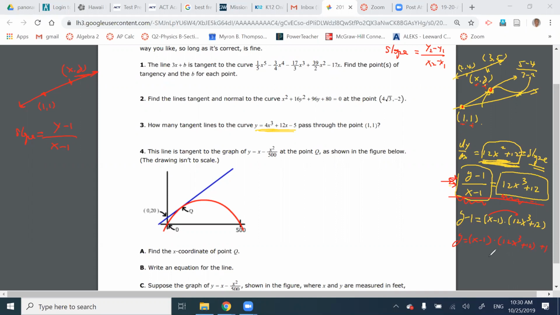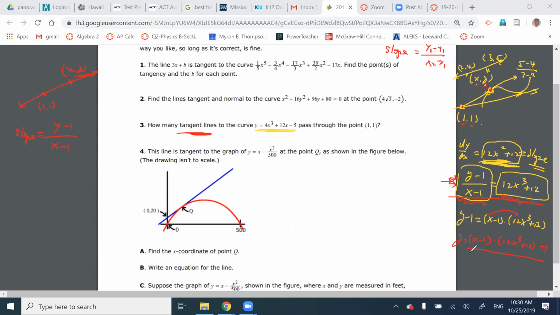And then what we're going to do is what? We just key in this one to the function, okay? To see, hold on. When we got this one, they are not asking what the points are there. It's just how many tangent lines.